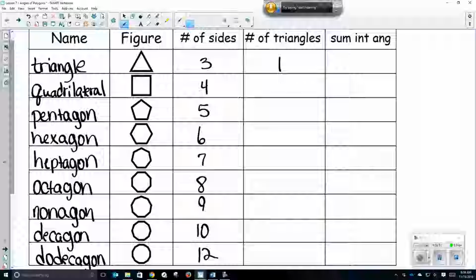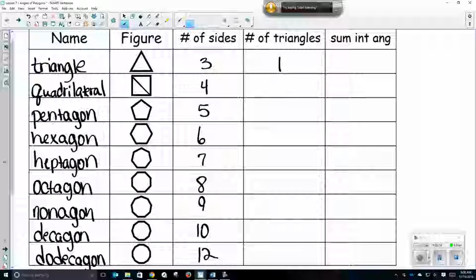And what that means by number of triangles, that's if you were to connect from one vertex in a polygon to another, not consecutively, how many just from one vertex, how many triangles? So if I pick one vertex to draw a diagonal from, how many times could I do that to create another triangle? I can only do it once here.